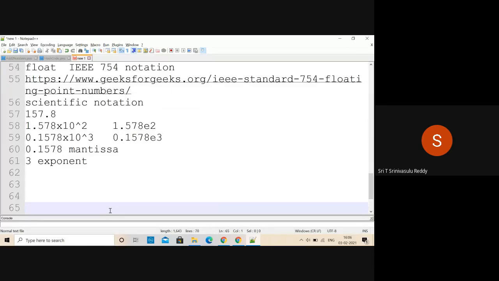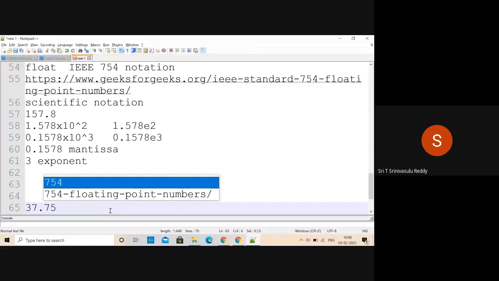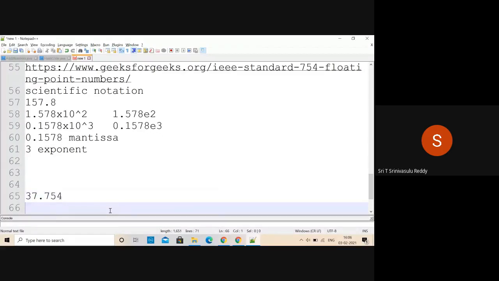So what can be a random example? Let us say, for easy purposes, we are going to take 37.75.